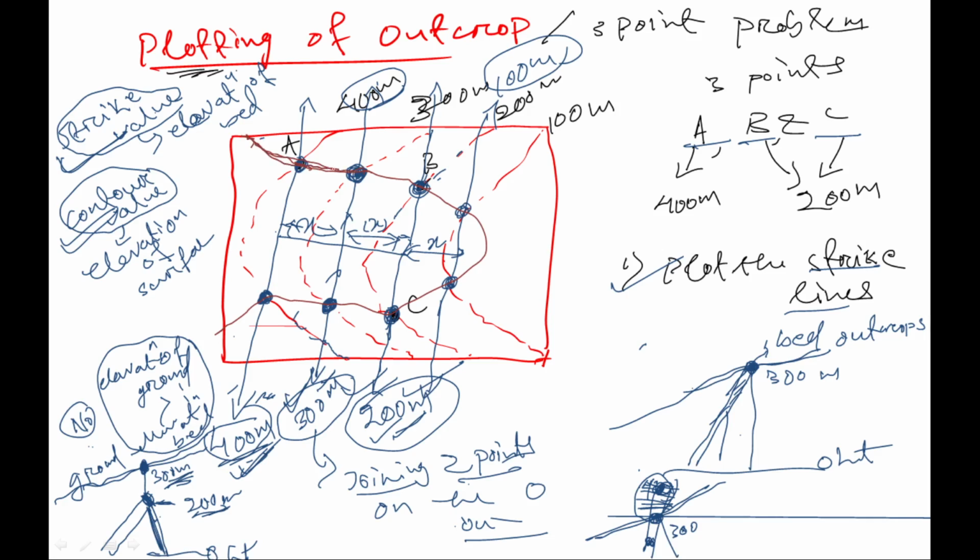See, the outcrop is passing through the points which are intersected by strike line and contour line, and the strike value essentially has to be equal with the contour value. Then only the outcrop can show that. Okay, this shows the plotting of outcrop. This section I have told you plotting of outcrop. Okay, this is one example.